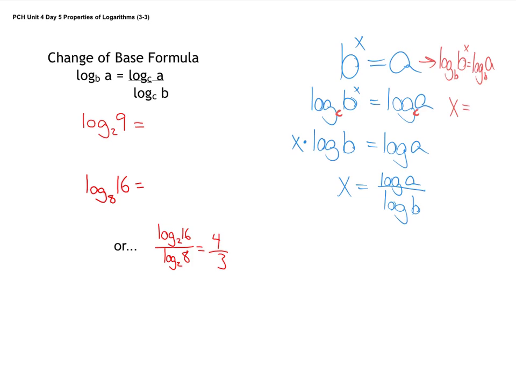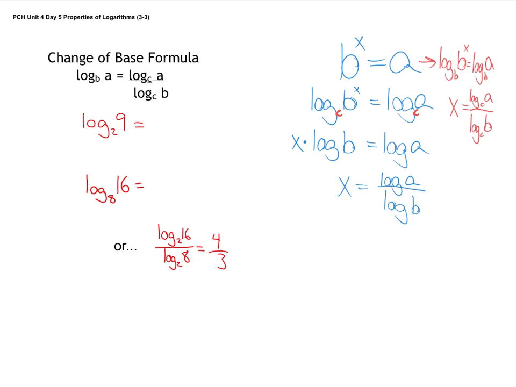That's where this comes into play. Since I had a base of b, but my calculator can't do a log base b, I can change that logarithm base to whatever I want as long as I put the argument in the numerator and the log base c of my original base in the denominator.